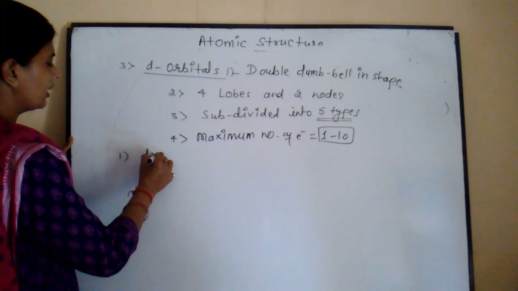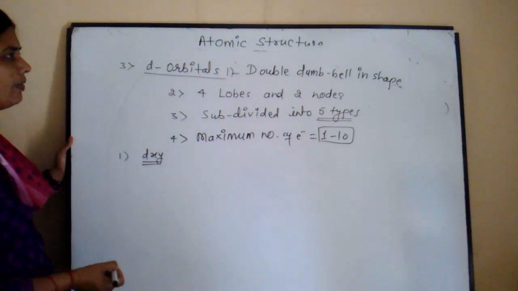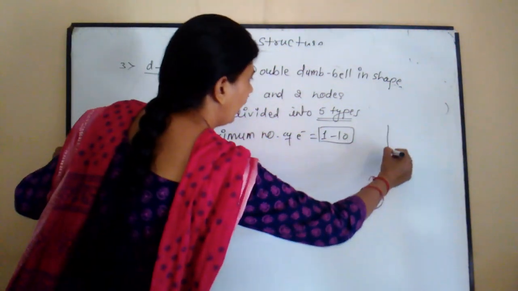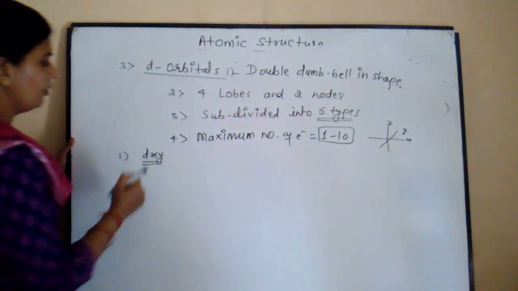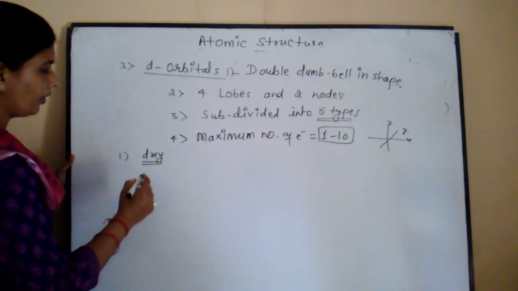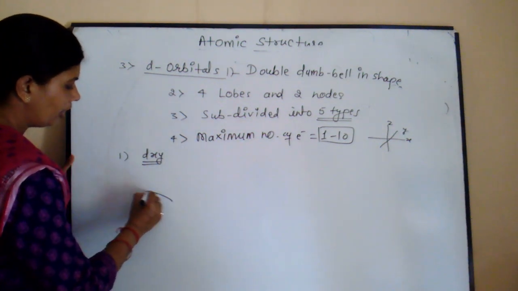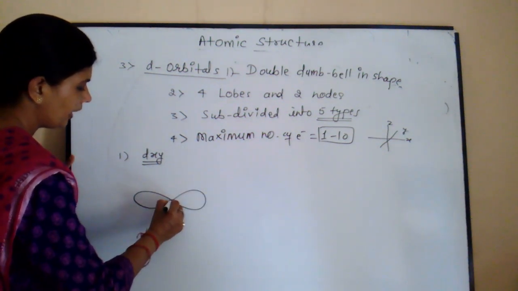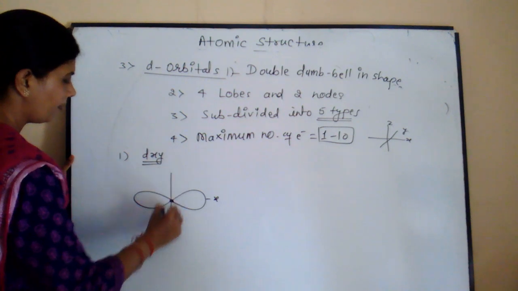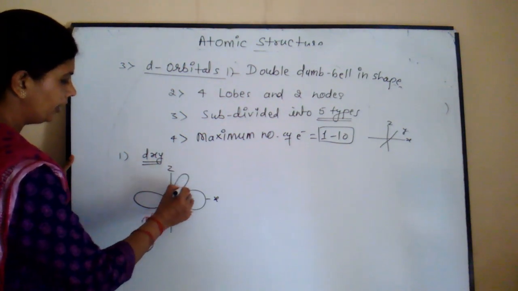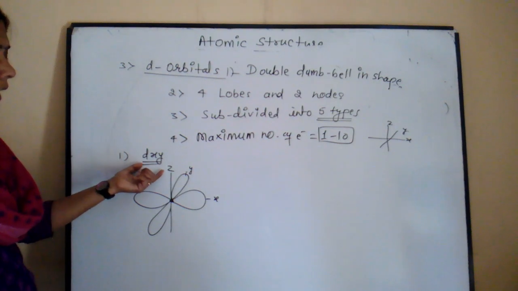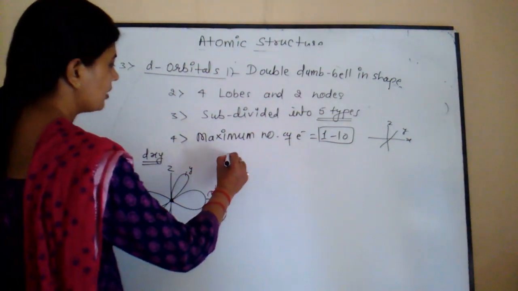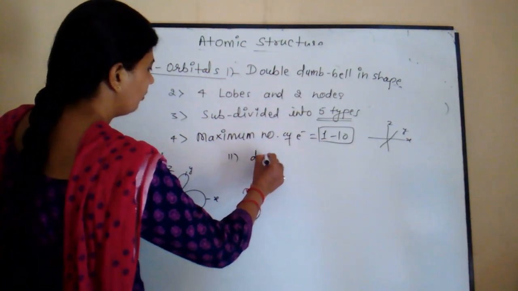First is called dxy. The axes are classified as x, y and z. One d orbital present in the x-axis and the other in the y-axis, so they are called dxy. Secondly is dyz.